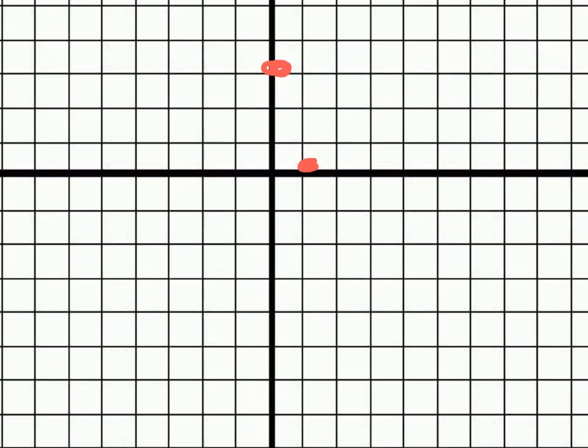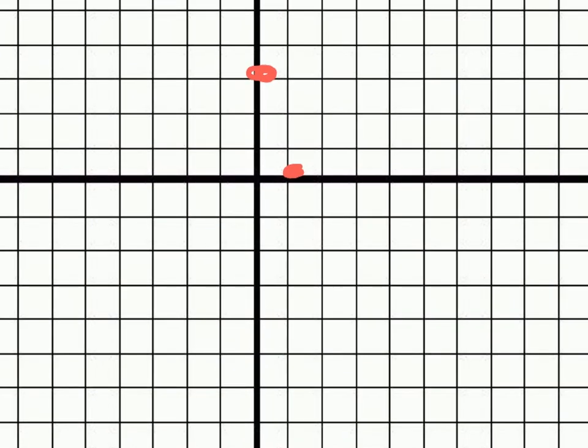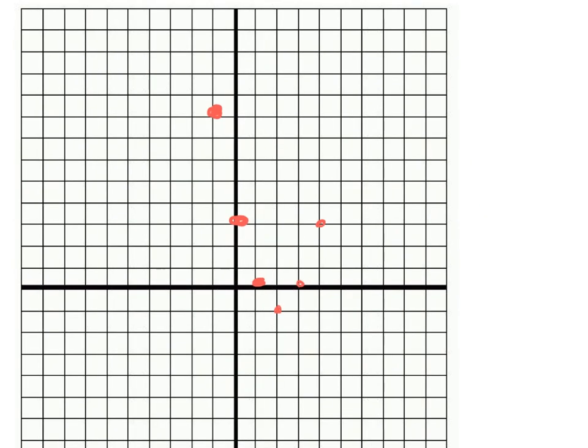Going to plot the point 2, -1, so I go out 2, down 1. Going to go out 3, up 0. Then 4, 3, so 1, 2, 3. And you're going to see a pattern. And then we go out 5, 8.